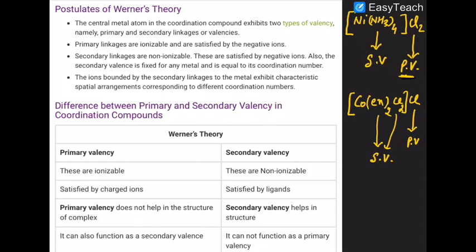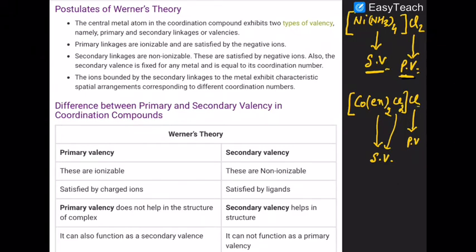The ammonia is present inside the coordination sphere. It is able to form coordinate bonds around the nickel metal. So these 4 ammonia are secondary valencies. Primary valencies are ionizable, secondary valencies are non-ionizable.